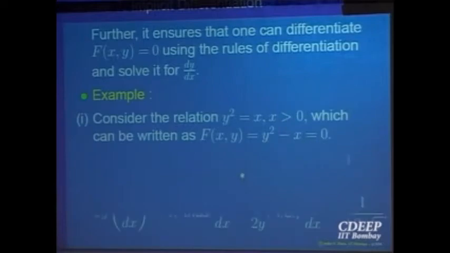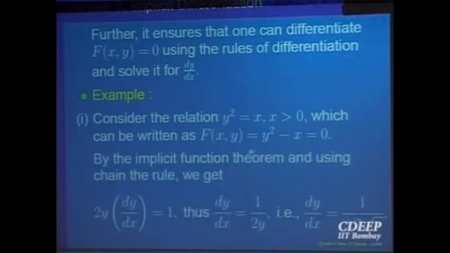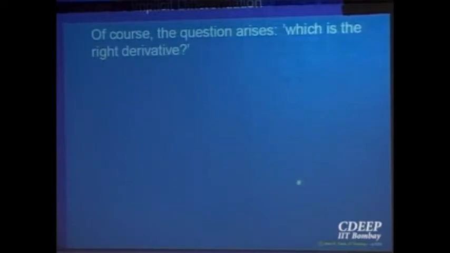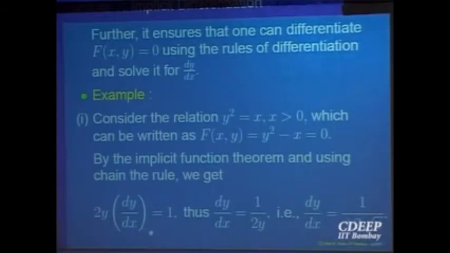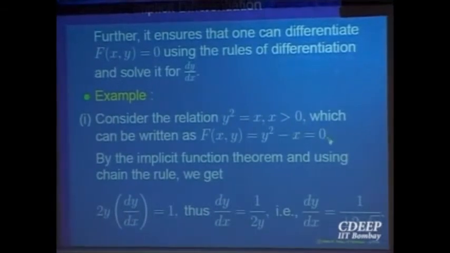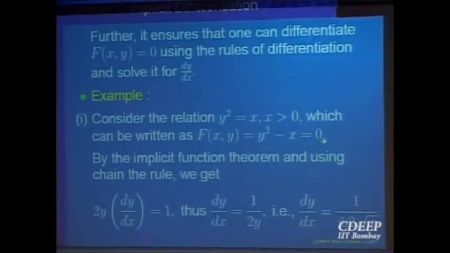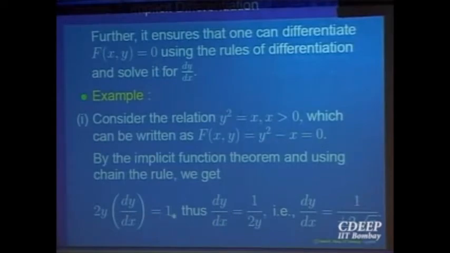By assuming y is a function of x and x is the independent variable, you can differentiate this equation by chain rule. So when you differentiate, it is 2y dy by dx equal to 1. And so dy by dx can be computed provided y is not equal to 0.